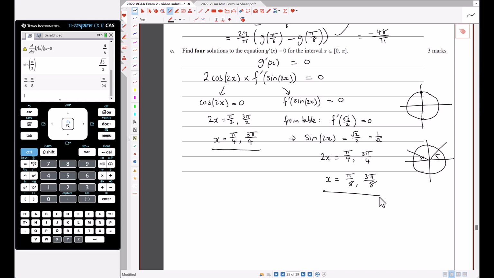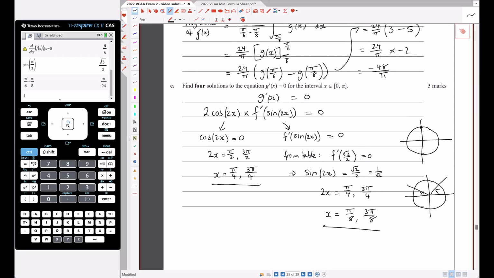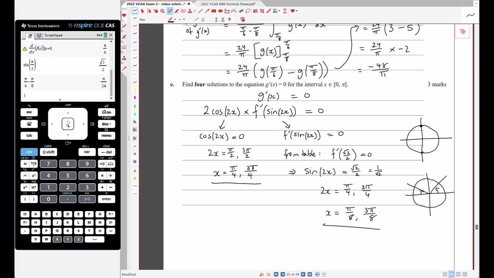I suspect for 3 marks, it's hard to know what the 3 marks would be here. It'd definitely be 1 for this and 1 for this. Whether there's 1 for just writing it out equal to 0, or perhaps for identifying that according to the null factor law there'll be 2 separate parts of the equation to solve, it's hard to say.